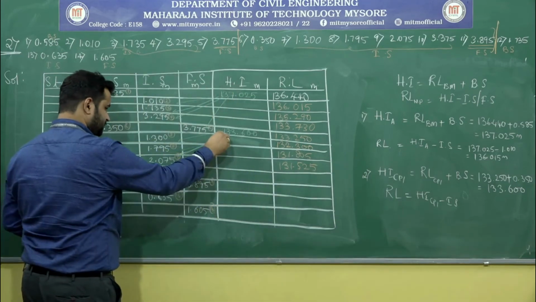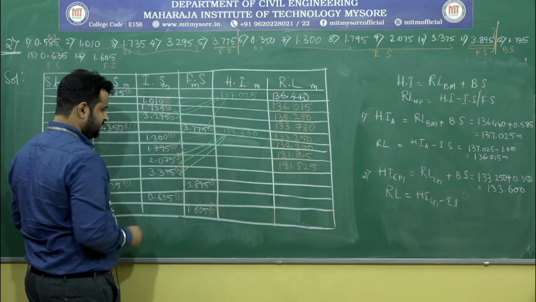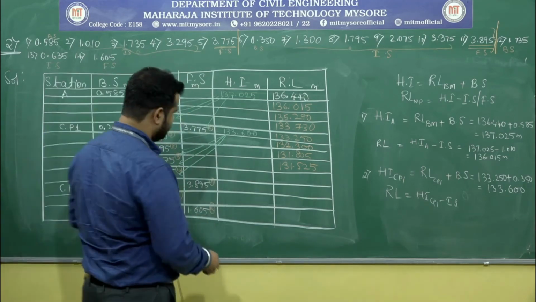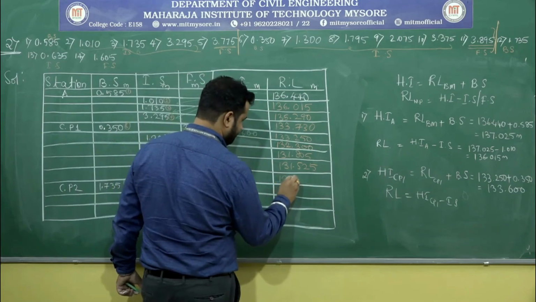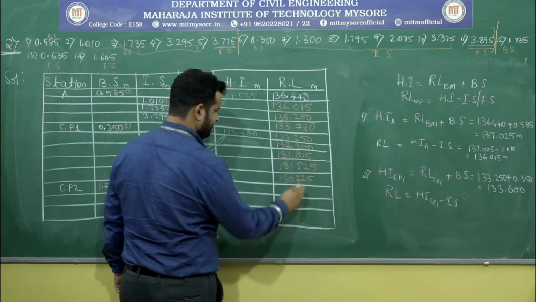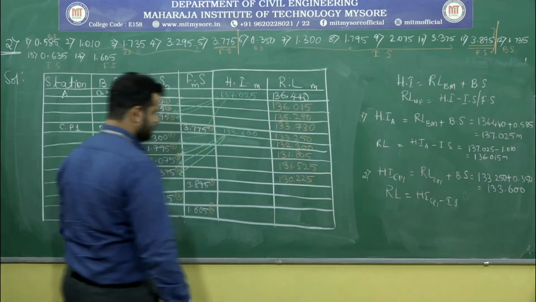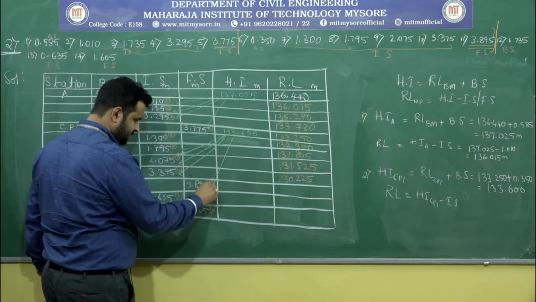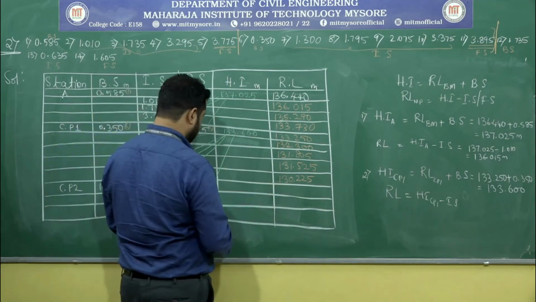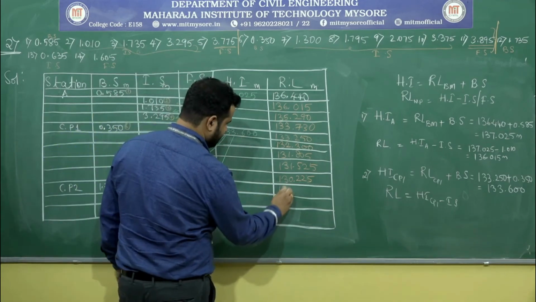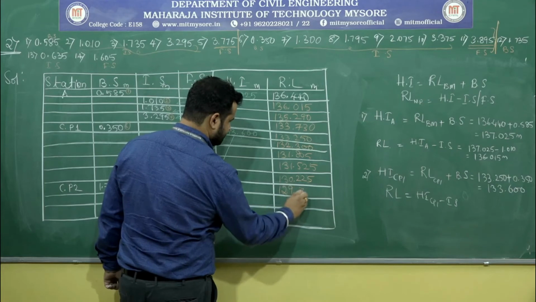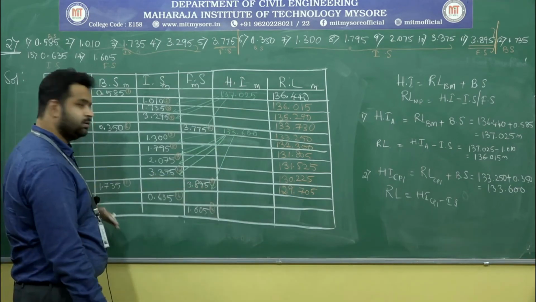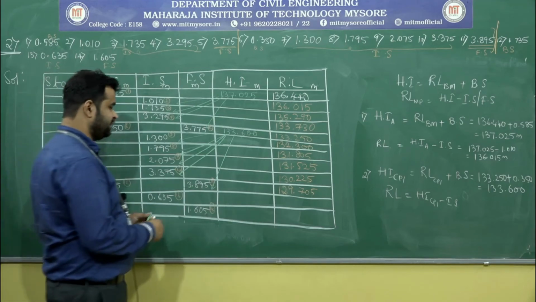Next, 133.600 minus 3.375 is 130.225. Now same, this reading minus this will give you the RL of the next point, that is 129.705. The instrument is shifted to a new point whose backsight is also taken, so we will get a new HI.